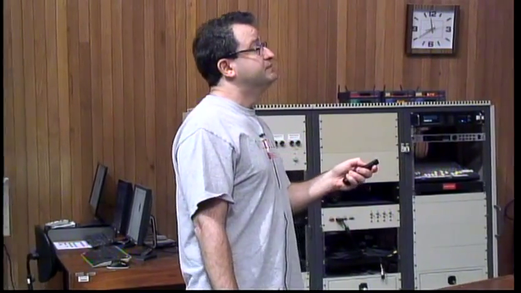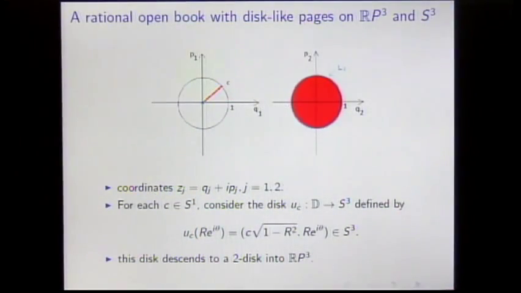But when we see the projection of those disks to RP3, it's slightly different, because here you see that these disks correspond to a segment. There is nothing on the other side of it. And so these disks descend as embedded disks, at least in the interior.